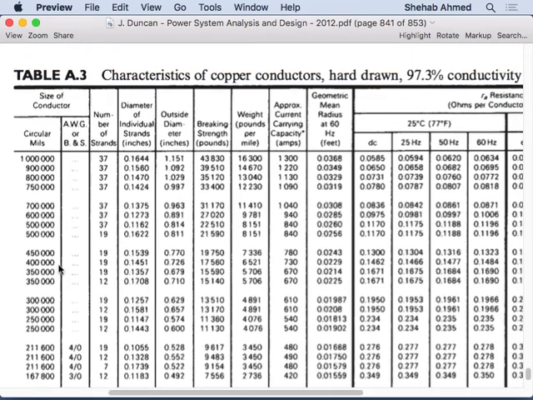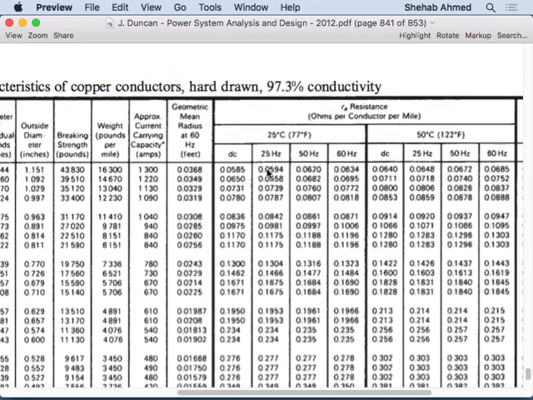If you look at DC resistance versus 25 hertz, 50 hertz, and 60 hertz resistance, we see a slight increase due to skin effect acting on a conductor here. Not very significant, but there is a certain percentage, I think 1 to 1.5% between DC and 60 hertz. So it's something you have to account for. It's in the table.